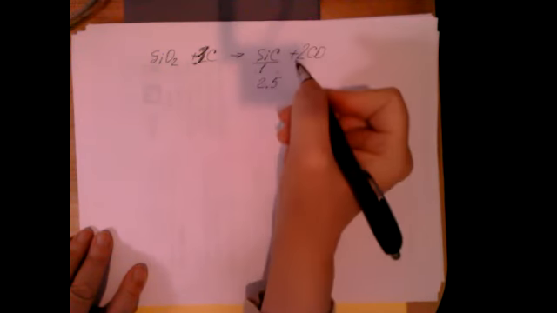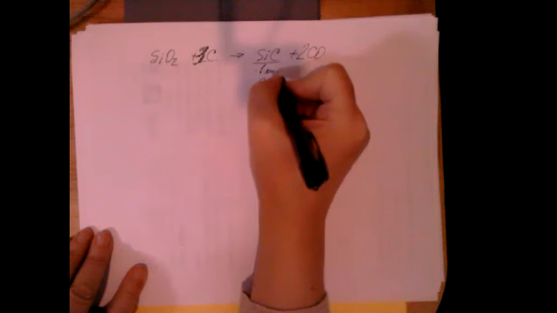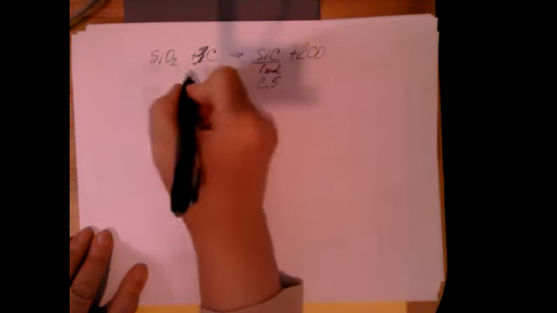So when we have 1 mole of silicon carbide, we need 3 moles of carbon to produce it.